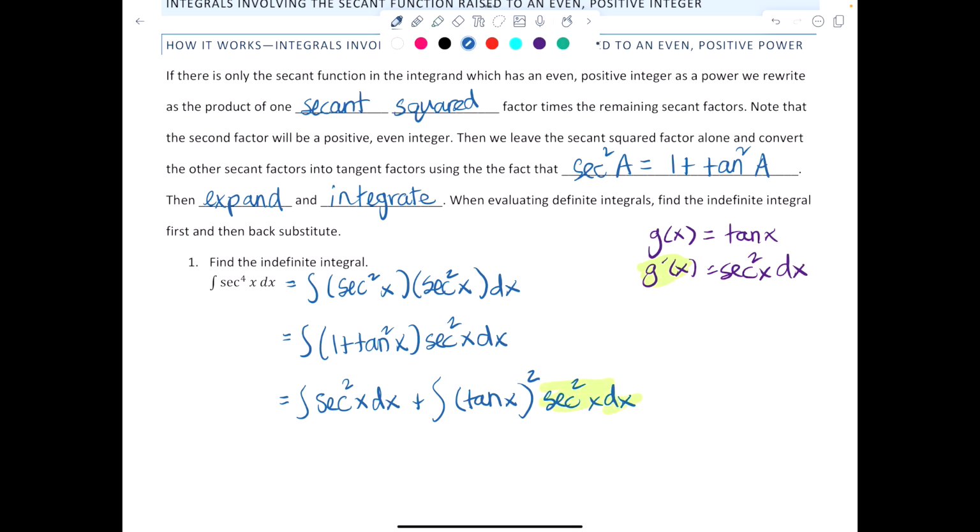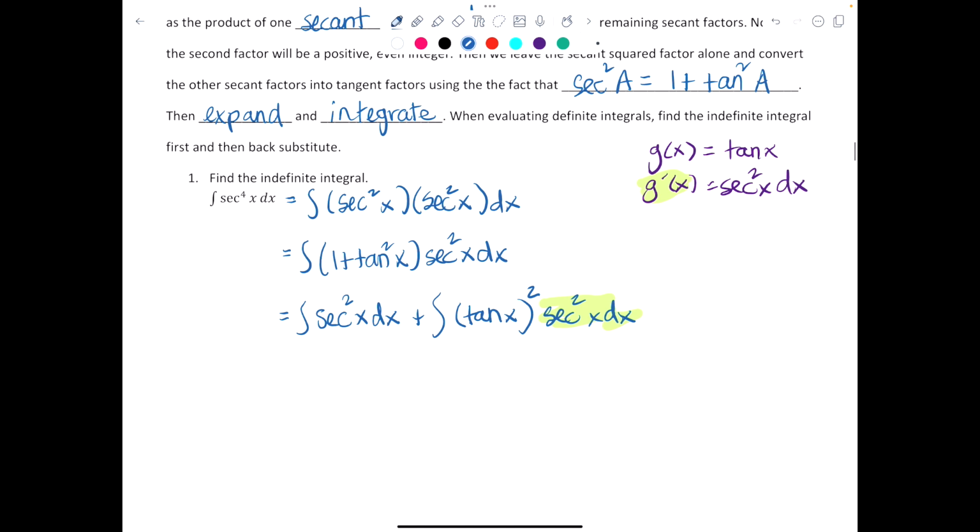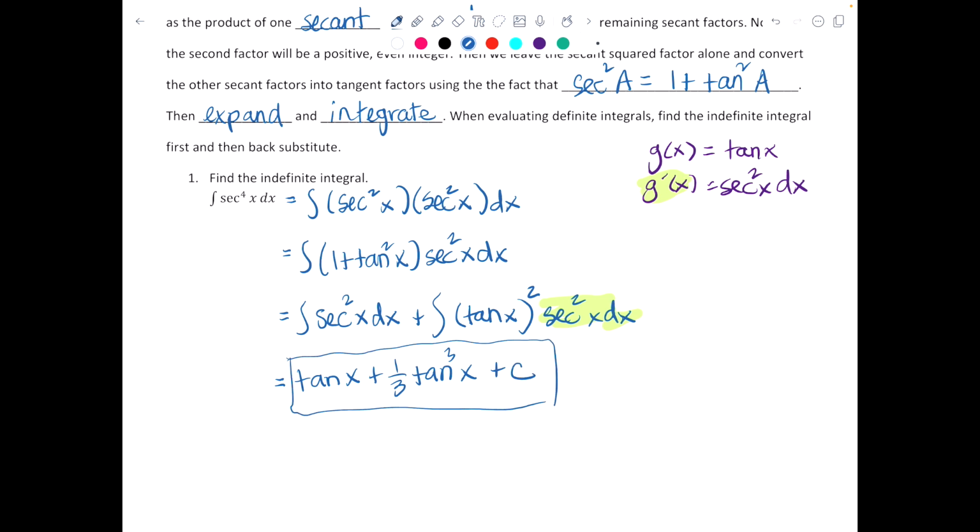And this is one of those so easy it's hard things. The antiderivative of secant squared at x is just the tangent function. So then we'll get plus 1/3 the tangent cubed at x plus our constant of integration. Good, good?